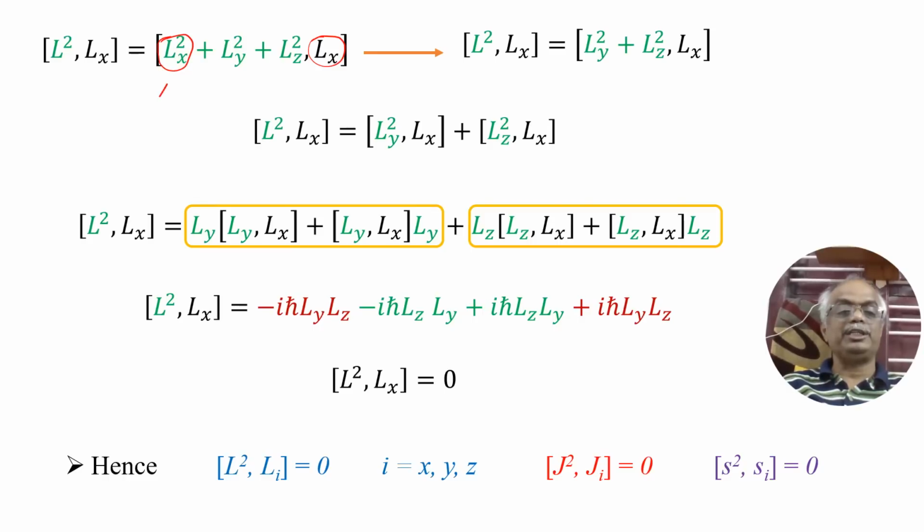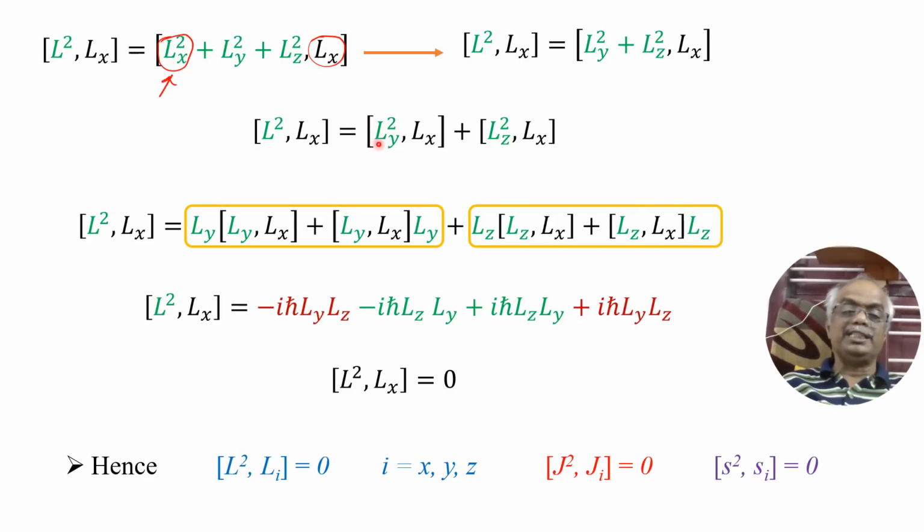Then the commutation of L squared with Lx will become [Ly squared plus Lz squared, Lx]. This can be separated into two commutation relations: [Ly squared, Lx] and [Lz squared, Lx].